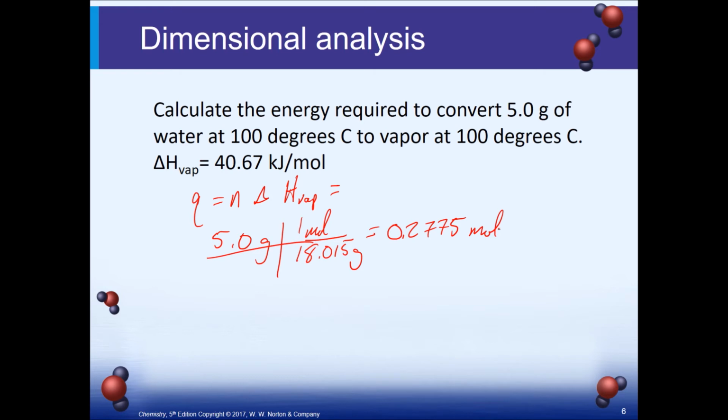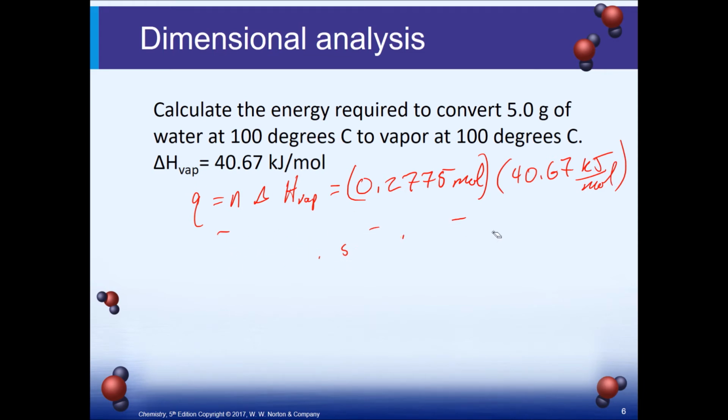Okay, so we now plug this in for n in the equation above. So we have 0.2775 moles multiplied by 40.67 kilojoules per mole.